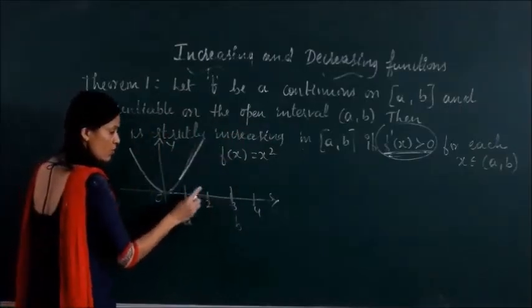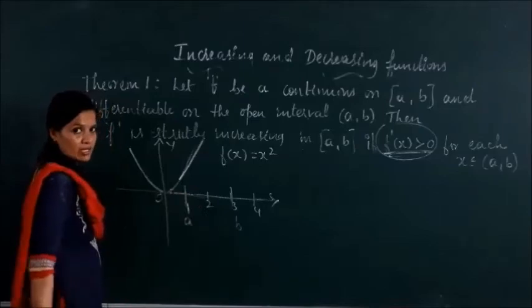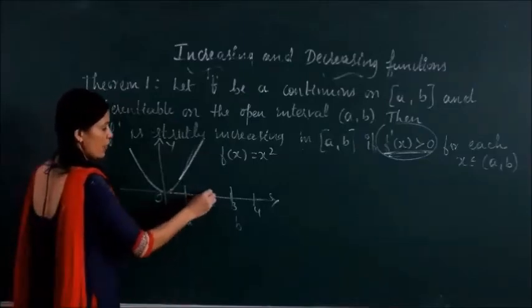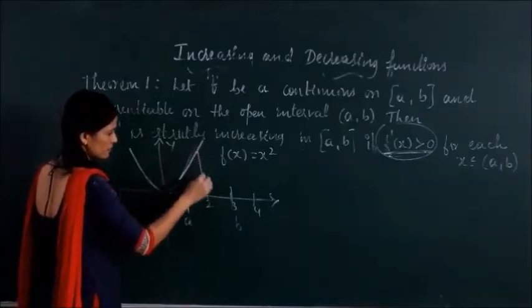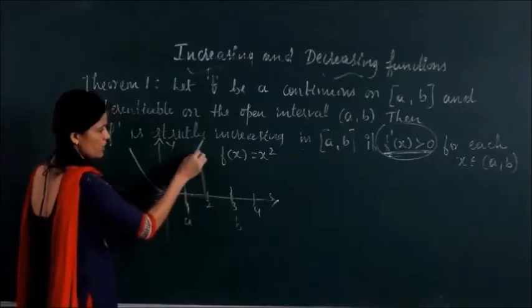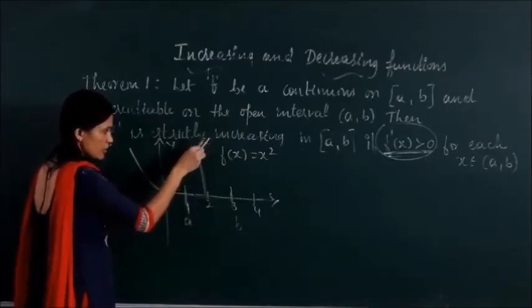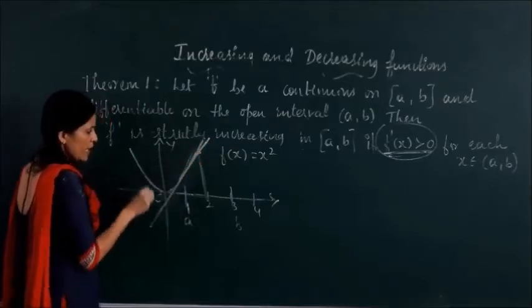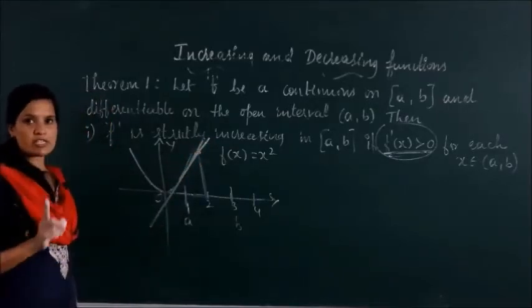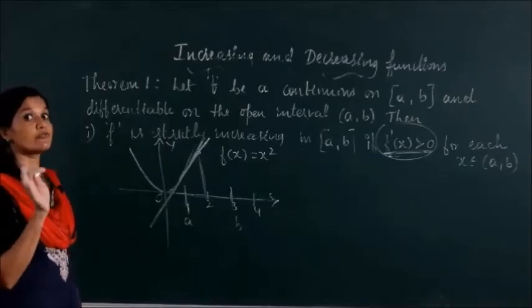In this interval, whatever point you take, for example at the point 2 here, at this point I will draw a tangent to this graph. f dash of x is nothing but the slope of the tangent.